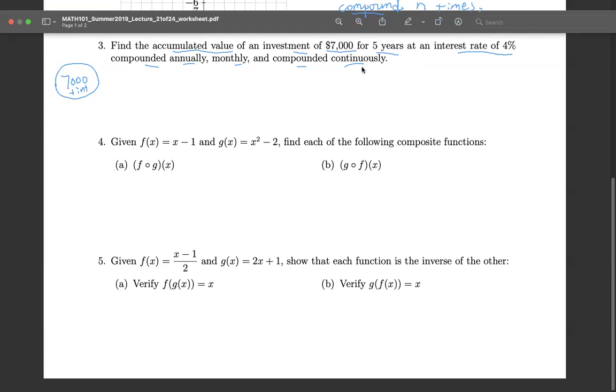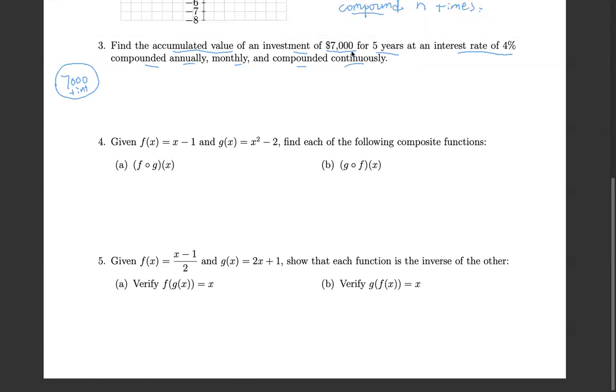So we have a formula like this. I'll explain the letters. Let me write it first. A equals P times 1 plus r divided by n, raised to the power n times t. Okay, A means the accumulated value.